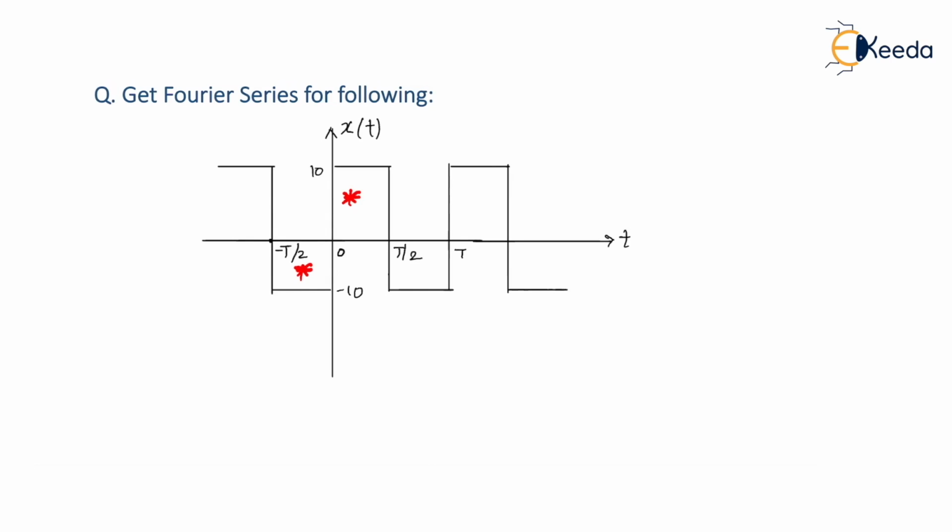In that case the given signal is always an odd signal. So by observation we understood that x of t is an odd signal, that is, it satisfies the property x of minus t is equal to minus of x of t.